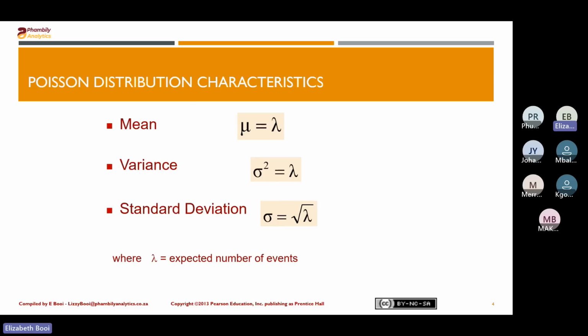Therefore, for a Poisson distribution, you need to always remember that the mean and the variance are equal. They mean the same thing in a Poisson distribution, and the standard deviation is the square root of the variance, or the square root of the lambda, or the square root of the expected number of events.